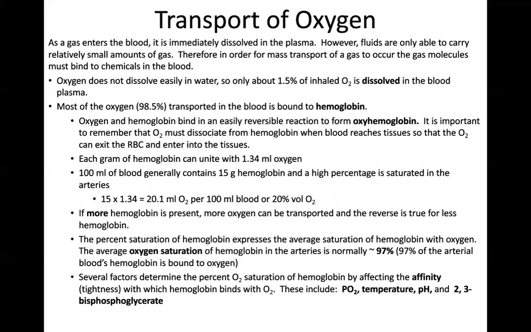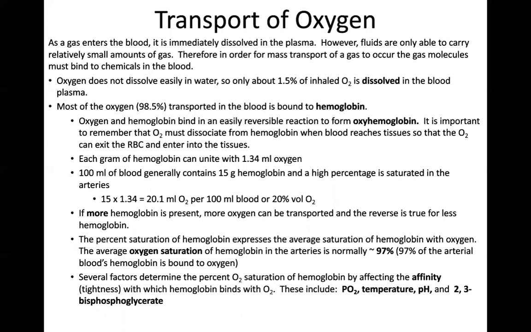Binding oxygen to hemoglobin is an easily reversible reaction, and I always think of it like a piggyback ride. Oxygen is taking a piggyback ride on the back of hemoglobin. By jumping on the back of a person, you're hitching the ride, and then when you get to the destination, you jump off, right? It's kind of like what hemoglobin does for us.